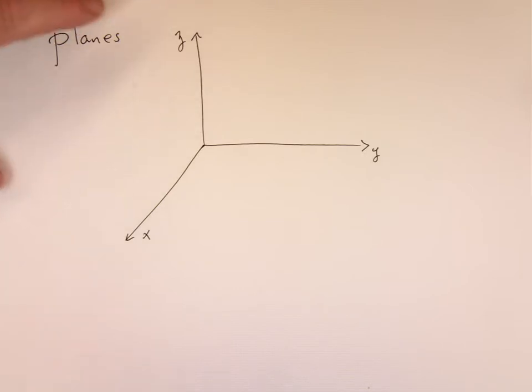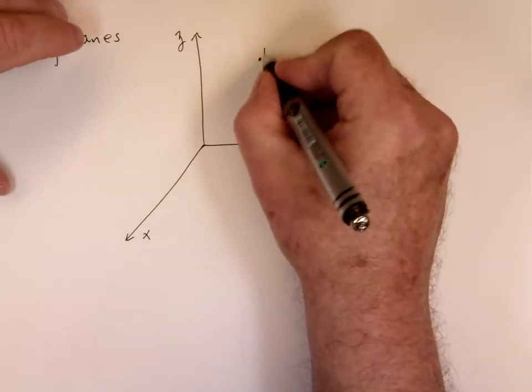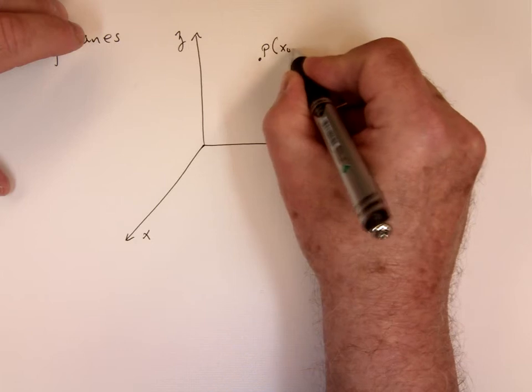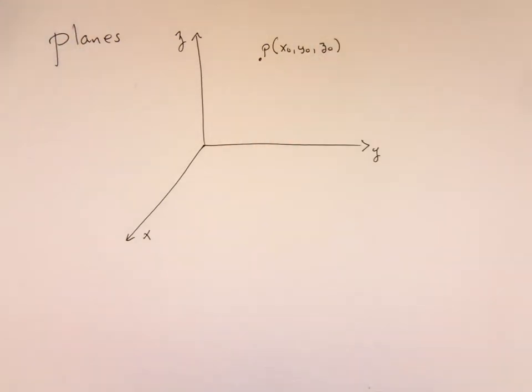Okay. Here we go. We're given a point, and we're going to be given a normal vector to the plane. In defining the line, we were given a direction vector parallel to the line. Here, what we're doing is giving a normal vector to the plane.